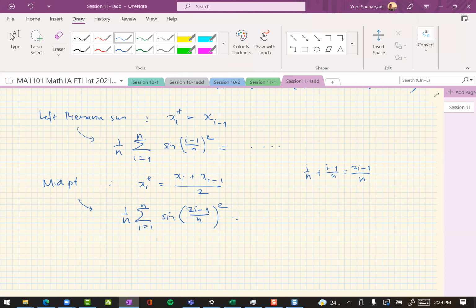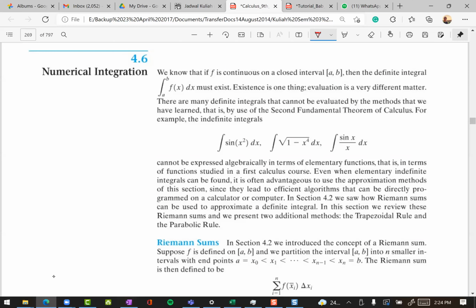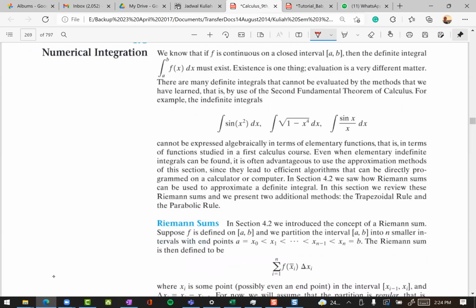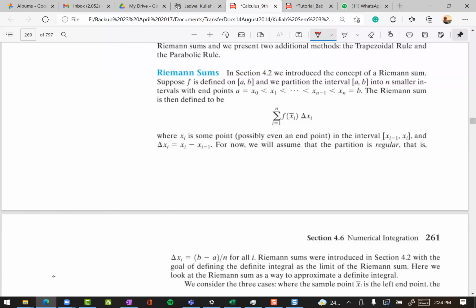Yes, sir. Okay, we'll check with Maple later, but I'll show you the formula for this. So for example, this is the thing that we cannot compute: sine x square root of 1 over x to the fourth, integral of sine x over x. Those are examples where we cannot compute the integral because we don't have an explicit antiderivative.